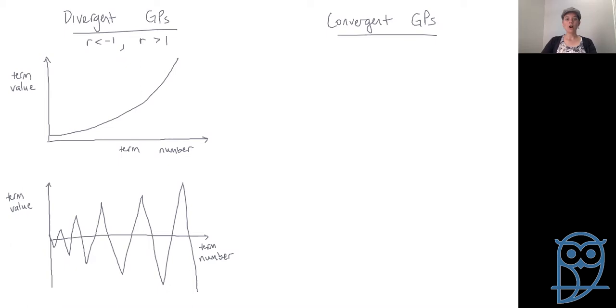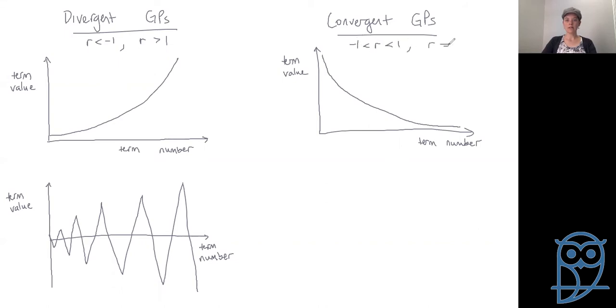For our convergent GPs, things are a little bit more interesting. Same graph, term value against term number. So here, R is little, so we're getting smaller and smaller and smaller. So -1 less than R less than 1, but R doesn't equal 0.